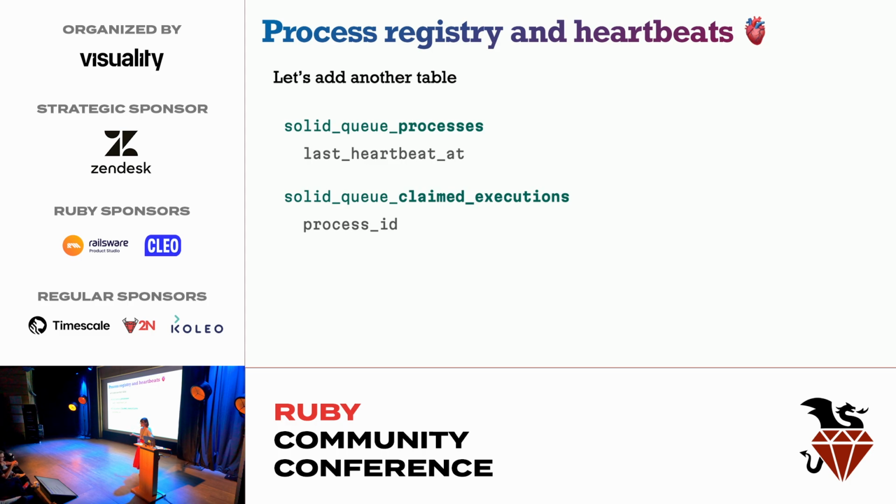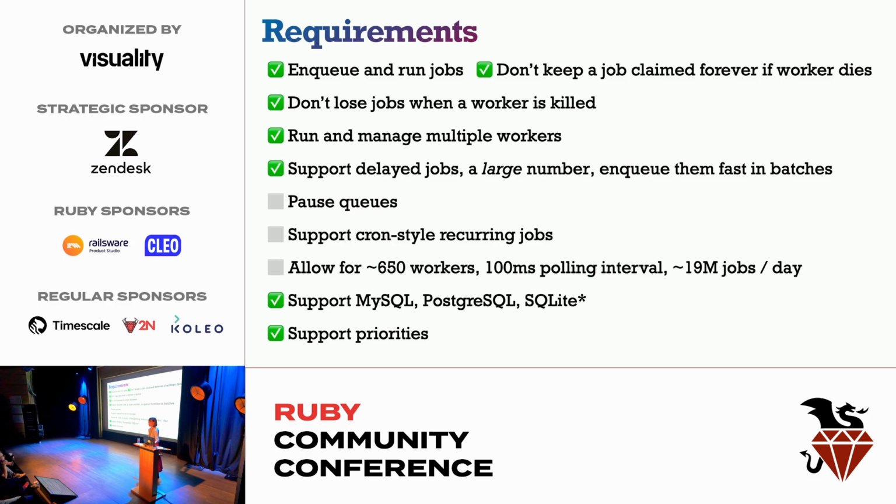That's our process registry. We keep the heartbeat there. And then in the claimed execution table, we just add a reference to the solid queue processes table. And that's it. The supervisor is the one that is going to be checking the workers' and dispatchers' heartbeats. Whenever it detects that one of those processes has died, it will take care of releasing the claimed execution.